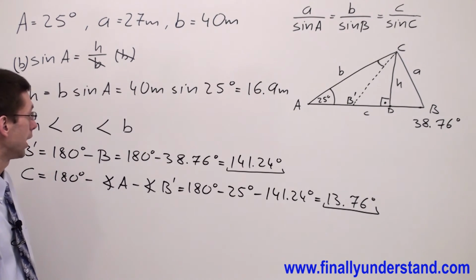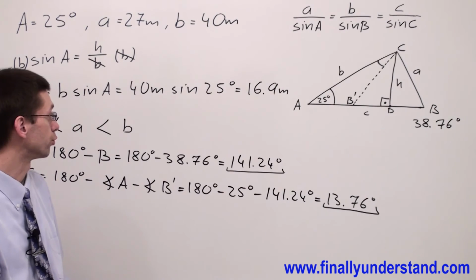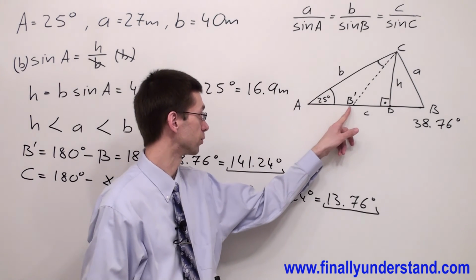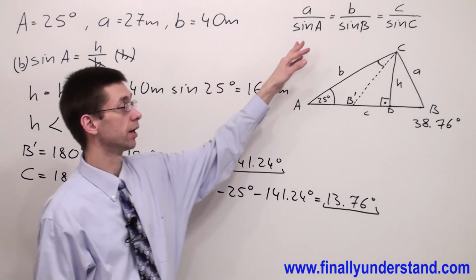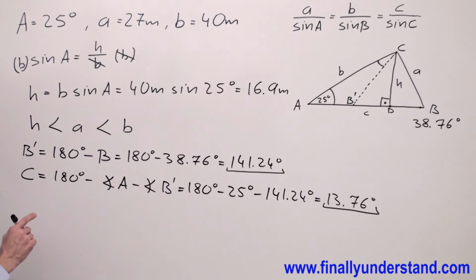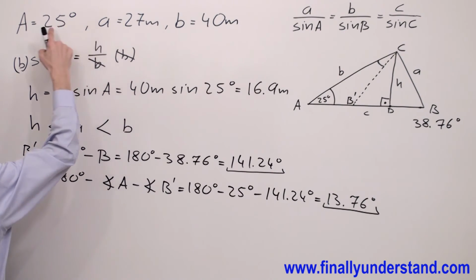Okay, so we have three angles and we have two sides. We're supposed to find the third side, side C. This is my new side C. I have to use the law of sines again. Like always, you're supposed to start from the values which are given. Side A was given and angle A is given.